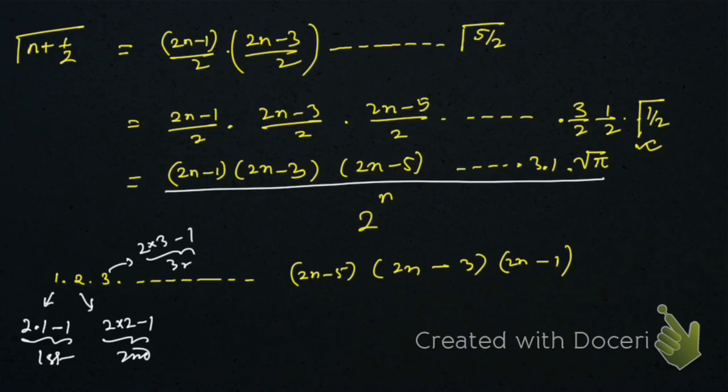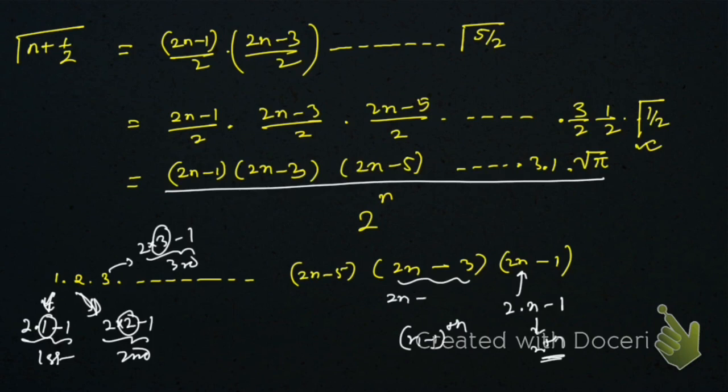So here we have 2 into n minus 1, that is the nth term. Let me check. This can be written as 2n minus 2 minus 1, and on taking 2 common, n minus 1 minus 1. So this must be the n minus 1 term.